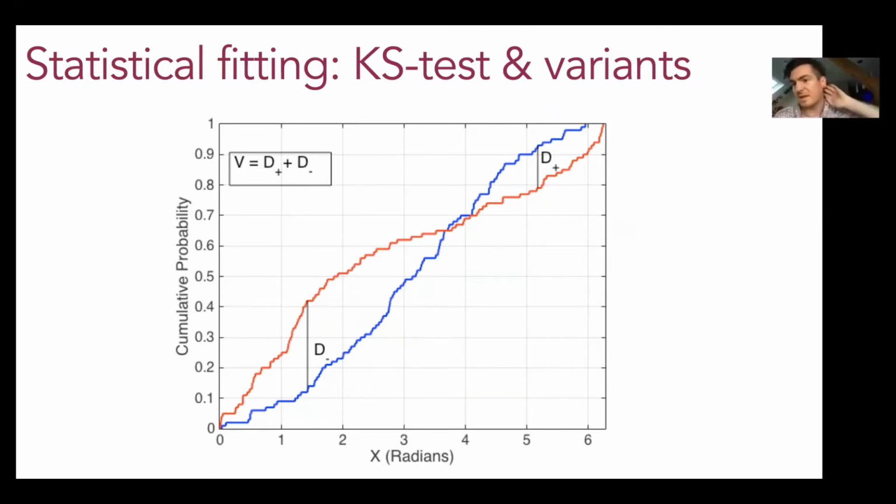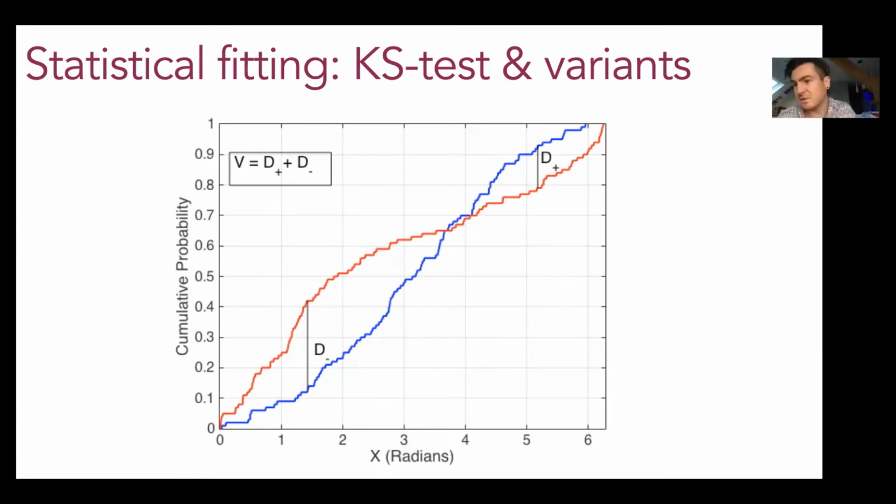And the way that we compare a theoretical and an empirical distribution is we look at the maximum mismatches between the two, the empirical and the theoretical distribution, in this cumulative space. This metric V here is the maximum difference where one is bigger than the other, plus the maximum difference where the other is bigger than the one.